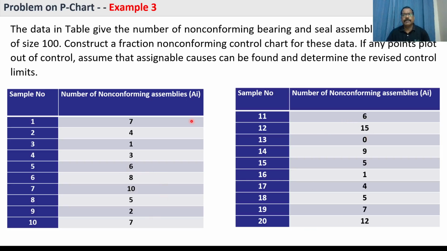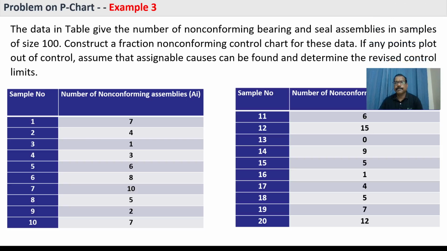So what is the problem about? The data in the table gives the number of non-conforming bearing and seal assemblies in samples of size 100. In total they took 20 subgroups, each with sample size 100, and from the 100 they have the number of defectives.